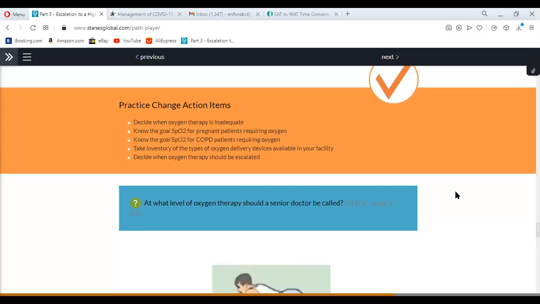So usually we tend to have less threshold for escalating oxygen therapy in this particular group of patients. So that's important to note when you are dealing with a pregnant patient. You don't wait until she's 90% or 89 or 92. Once it's less than 95, you should think of escalation. Thank you very much for that reminder.